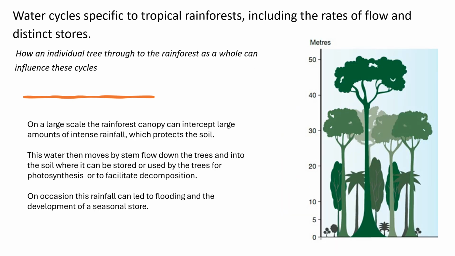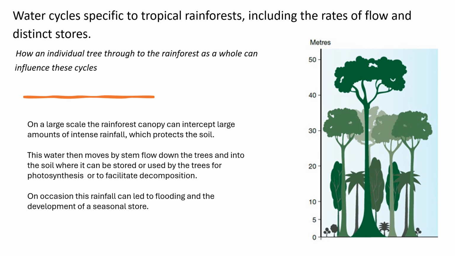Once we start putting these trees together, the characteristics of one tree is then multiplied. So if we think about that canopy layer, where one tree will intercept, actually when you have multiple, they really do intercept and act like quite a significant barrier. There's very little water that will fall in the form of rain and reach the ground. Most of it is going to be intercepted by that canopy.